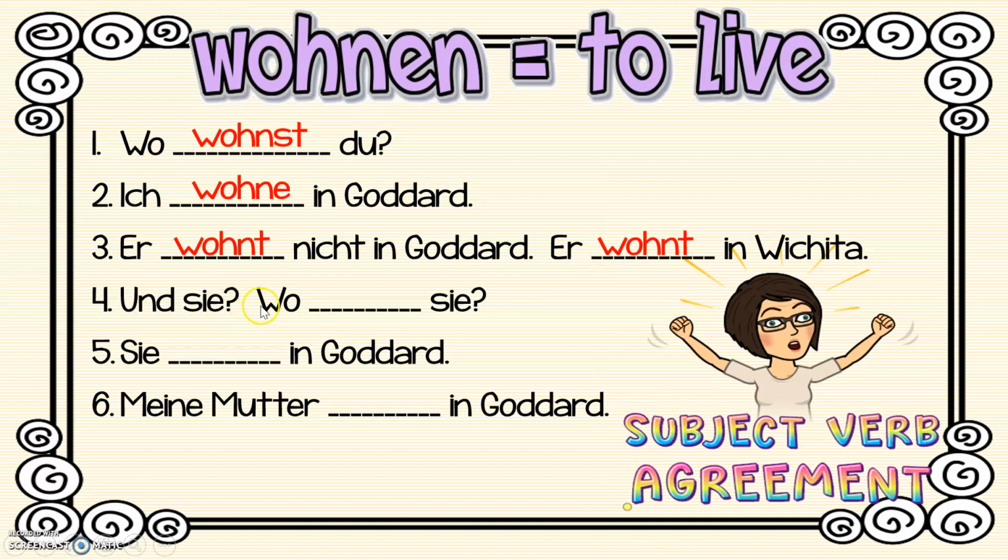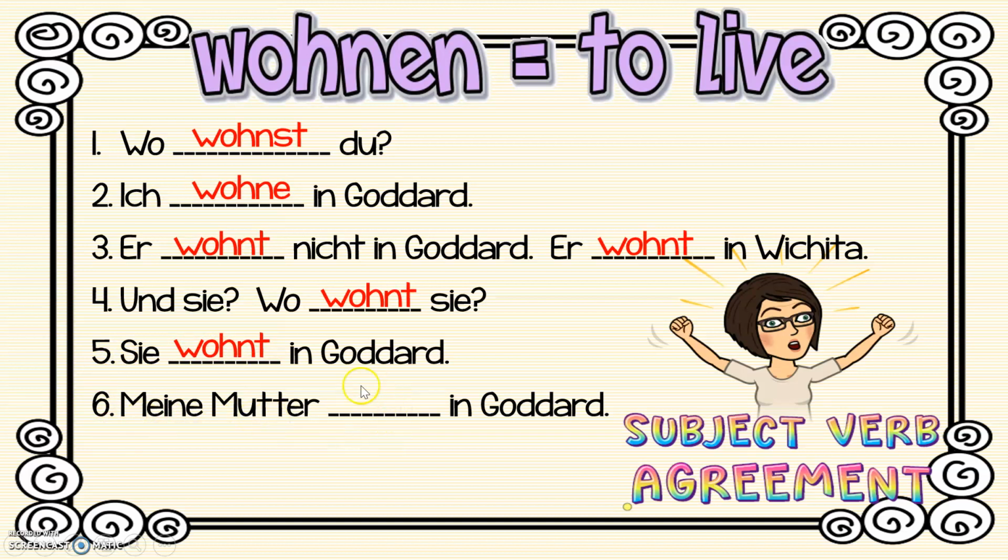And she, where does she live? He, she, it ends in T, so it's another T. Wo wohnt sie? Where does she live? She lives in Goddard. Sie wohnt in Goddard. Now, what happens if you don't have a pronoun as your subject? The subject in this sentence is meine Mutter, my mother.